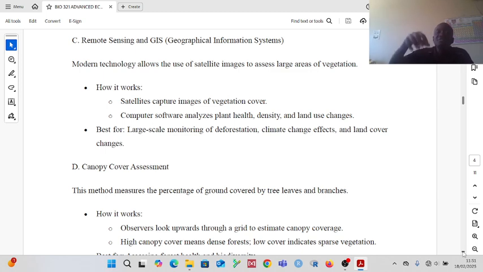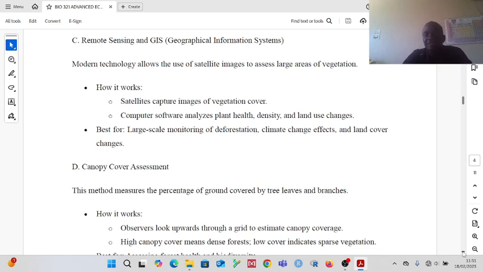So you can use the satellite images to have an idea within the last 1 year, how has this forest changed? Is it increasing? Is it shrinking? And is it because of human encroachment, or is it just the changes within the climate?